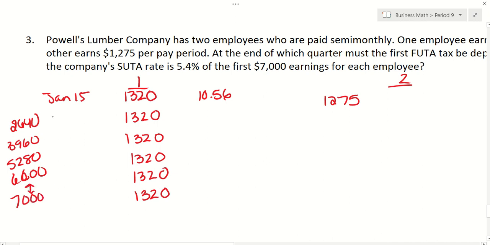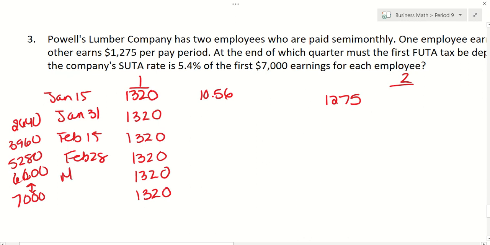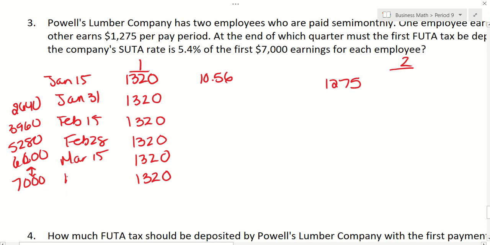So then you can fill in your dates. We've got January 31st, February 15th, February 28th, March 15th, March 31st. That's where we're stopping.